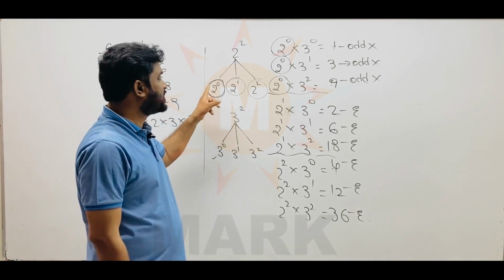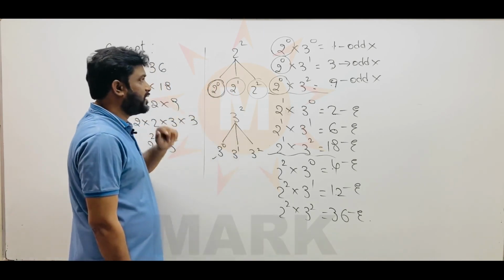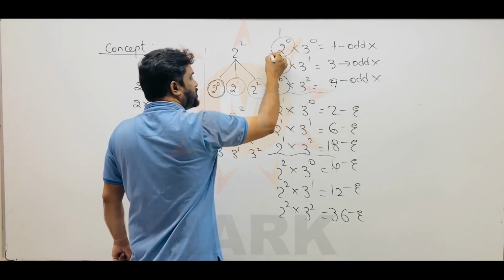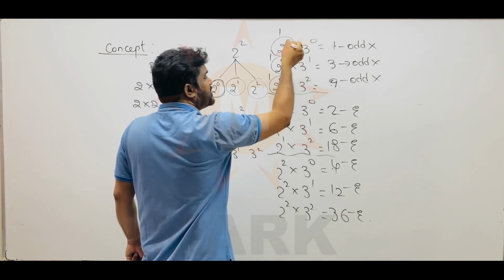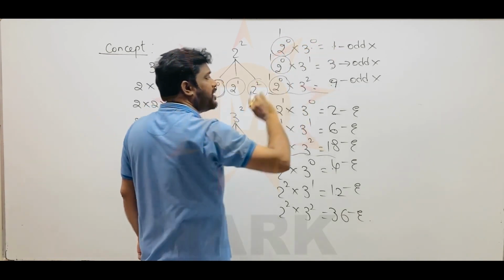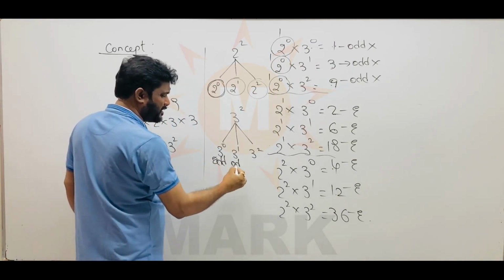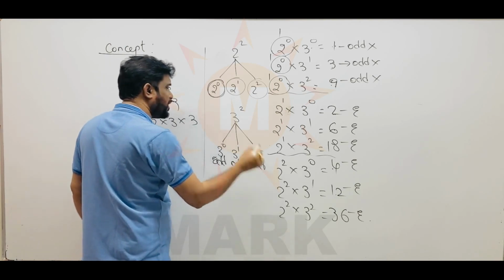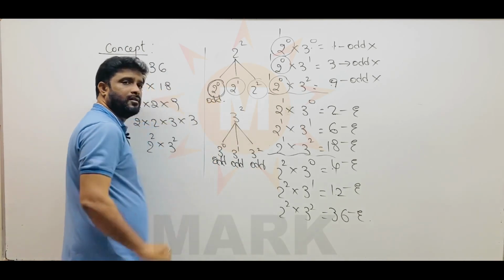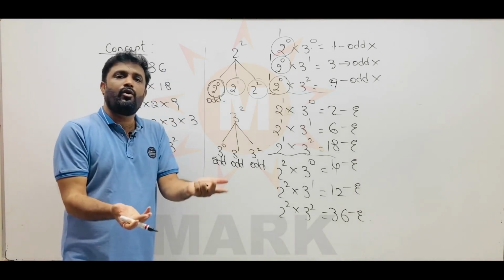Because 2 power 0 is 1, and 3 power 0 is 1, that is an odd number. So odd number into odd number will give odd number, obviously. See, these are all odd numbers, and 1 is also an odd number. We don't want odd numbers, we want even numbers, right?